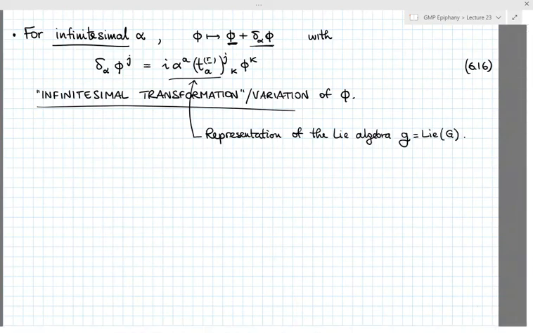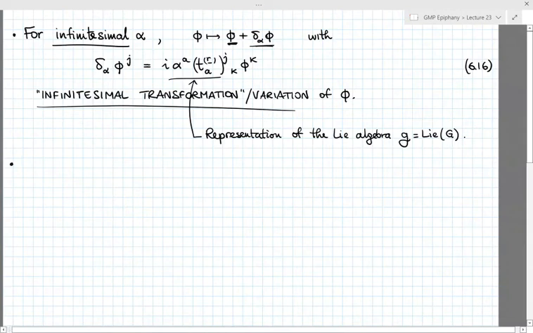Next, I'll say more about representations, again, more abstractly. But first of all, I'll introduce the notion of a complex conjugate of a representation.